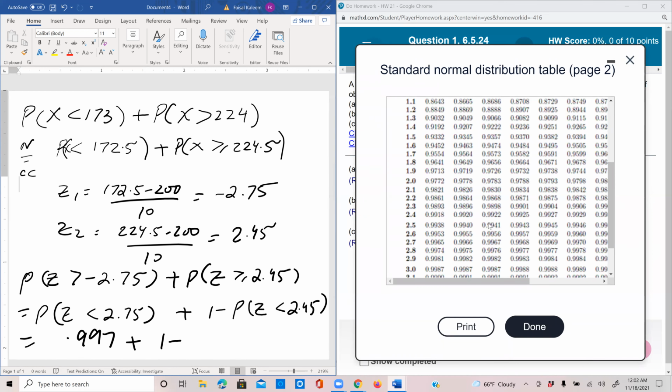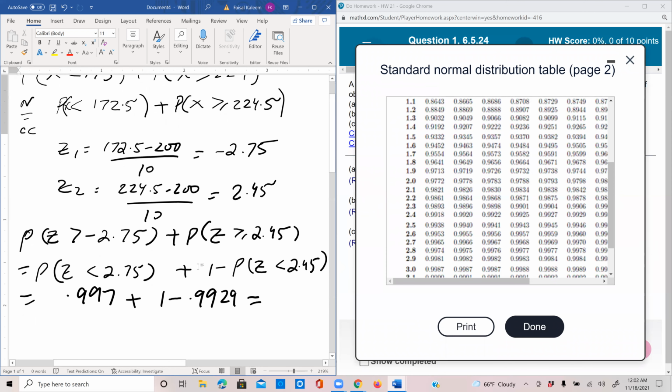Okay, so that's 0.0071, and then you add to this one.